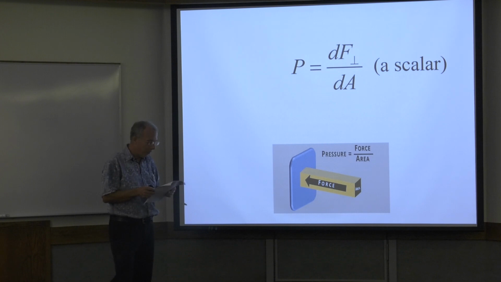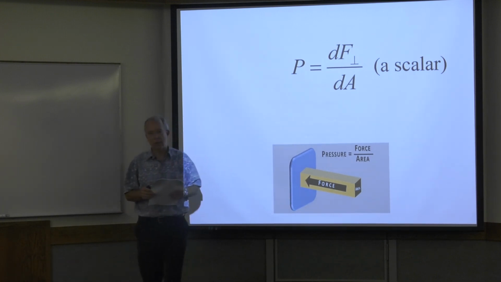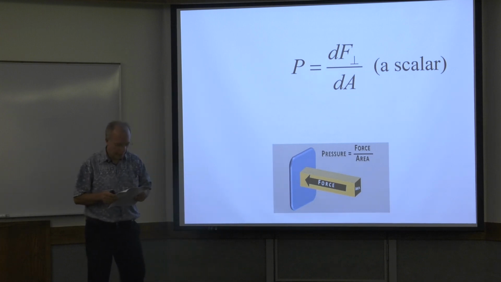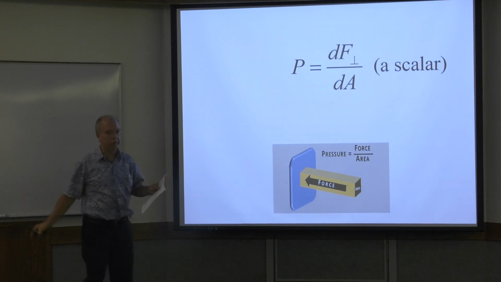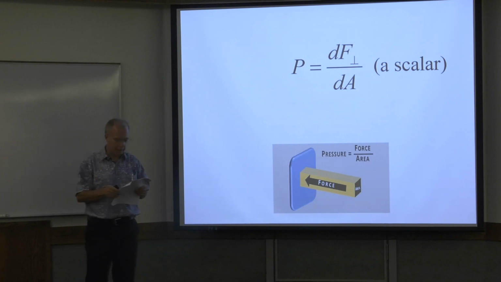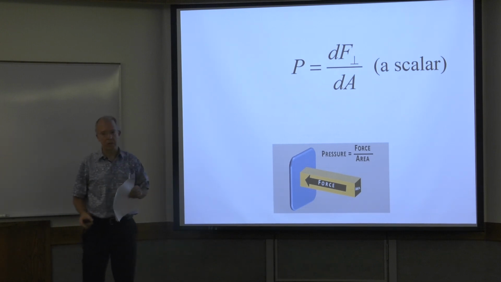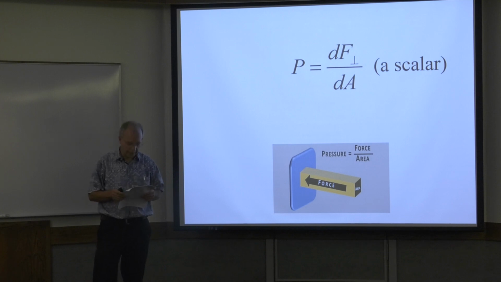Well, it's simply because this is always the perpendicular component of the force. All right? So basically, fluid pressure always acts perpendicular to any surface at all. It doesn't matter how the surface is oriented. Okay? So pressure doesn't have an intrinsic direction. It's always the perpendicular force.